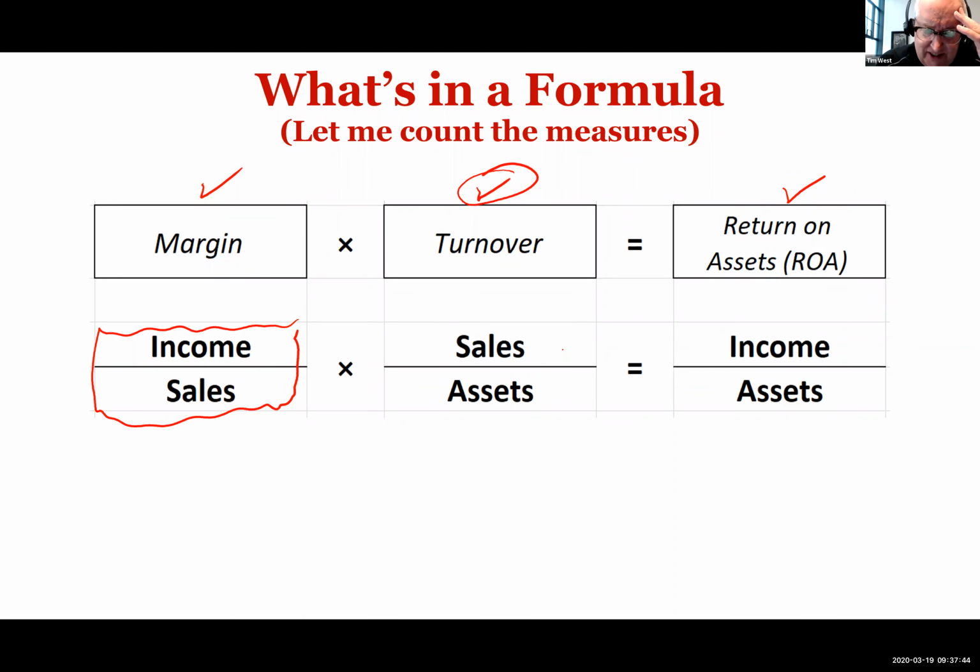Then you've got this thing called a return on assets, or ROA. What is that? That's just basically the percentage of value that the assets are creating in income. So if we have X amount of assets, what percentage of that should we reasonably expect to be converted into income?